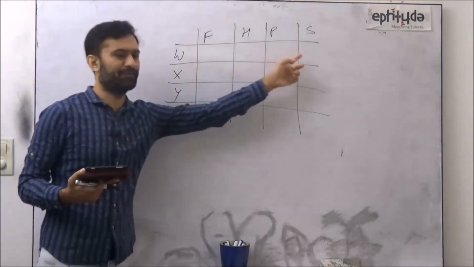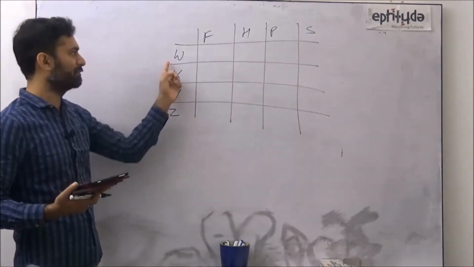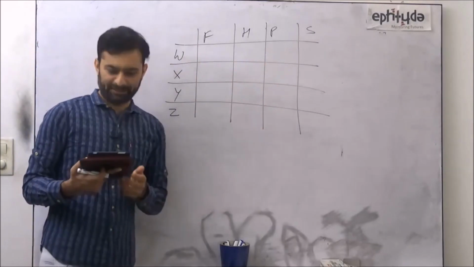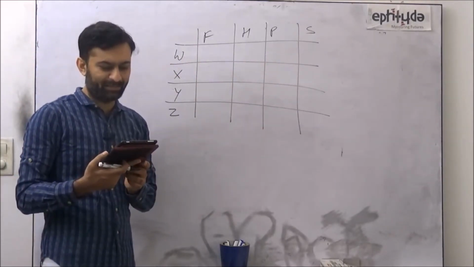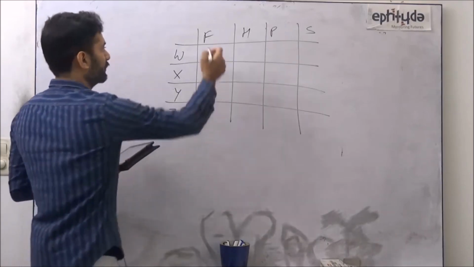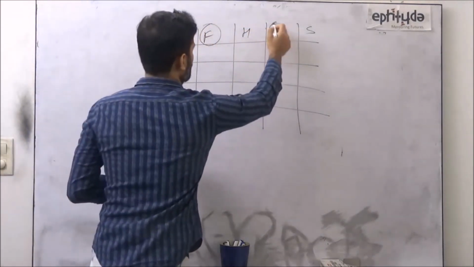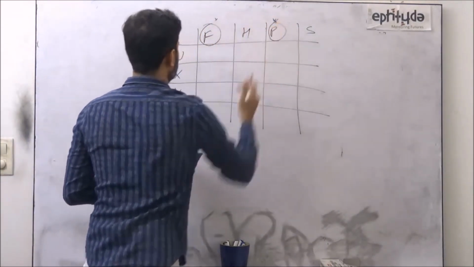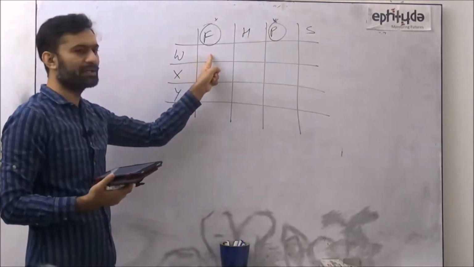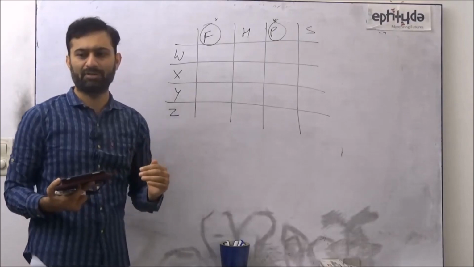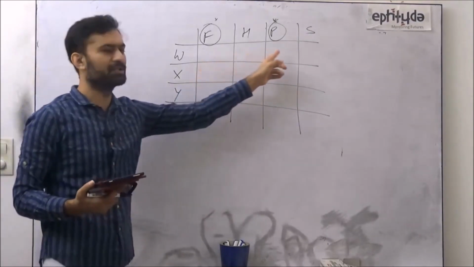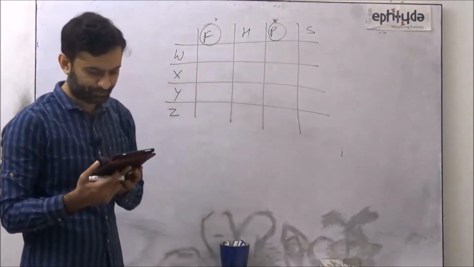4 medicines, and these are the 4 side effects. At least one means at least one tick. Then it says no medicine has both fatigue and palpitations as side effects. So I'll make a note of this, which means if you have a tick here, you have to have a cross here. This is important.